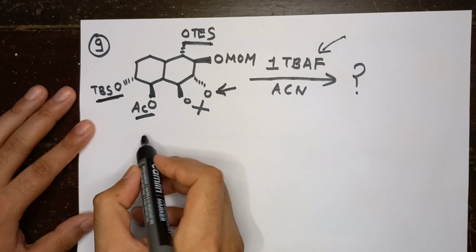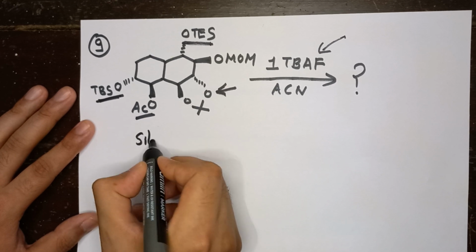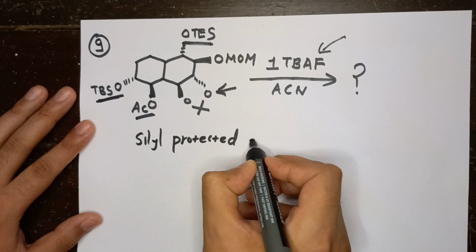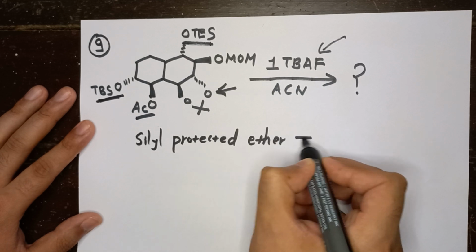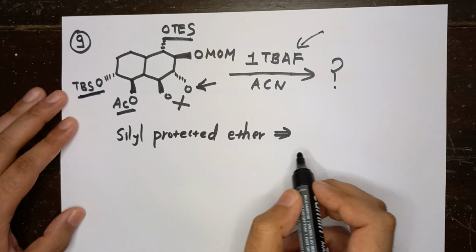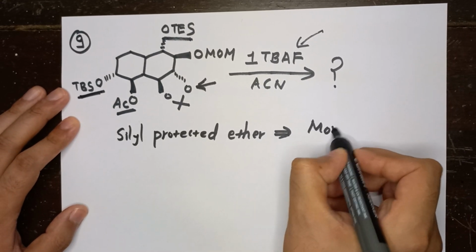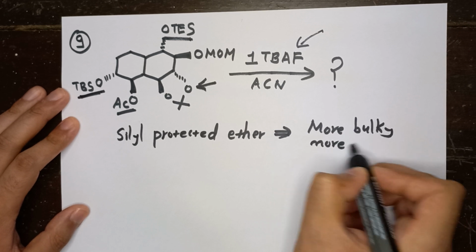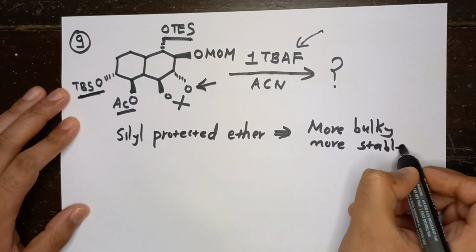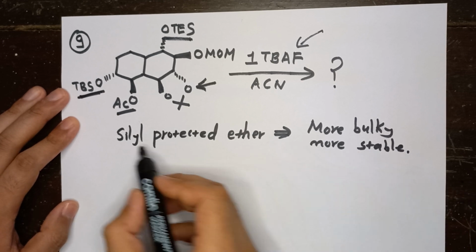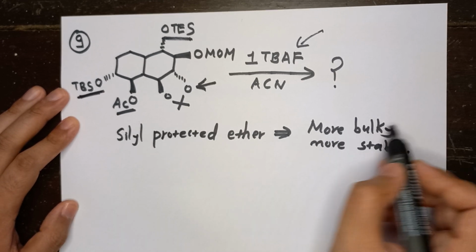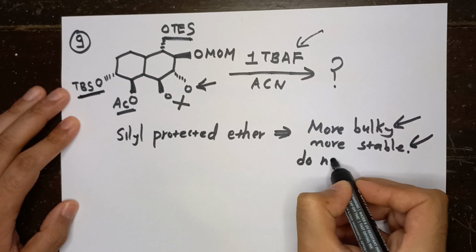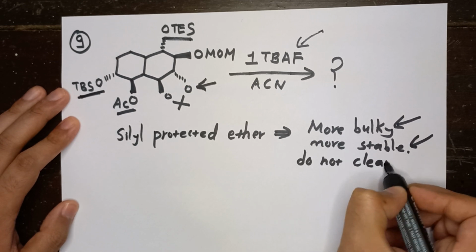So just to recall, for the silyl protected ether, we know that the more bulky it is, the more stable it will be. We have already discussed this in my previous video: a silyl protected ether, if it is more bulky, will be more stable. So it will not cleave first.